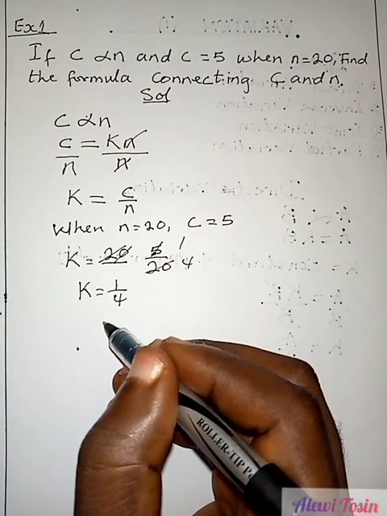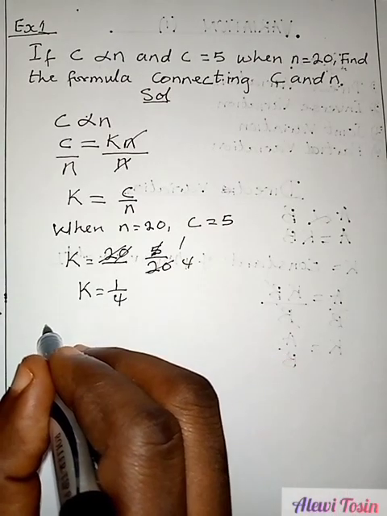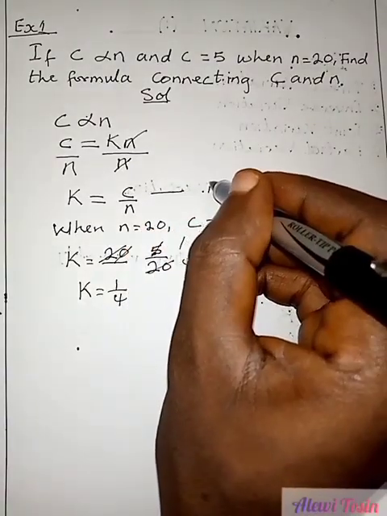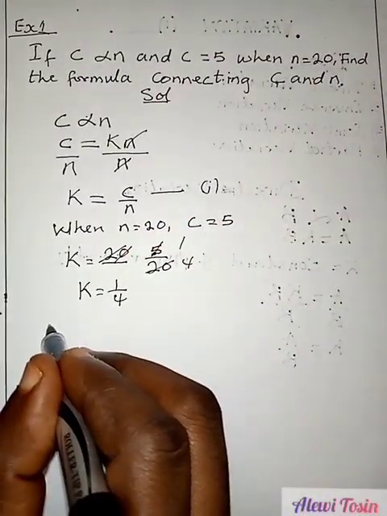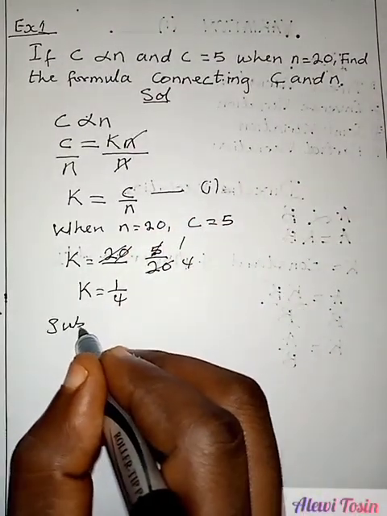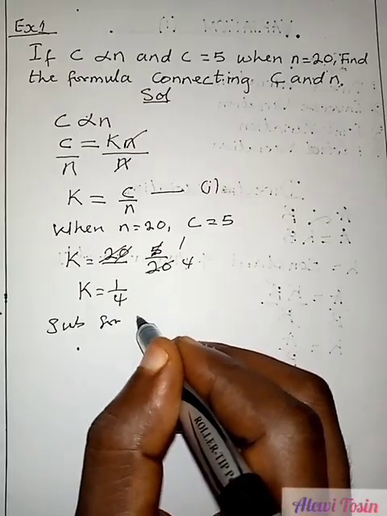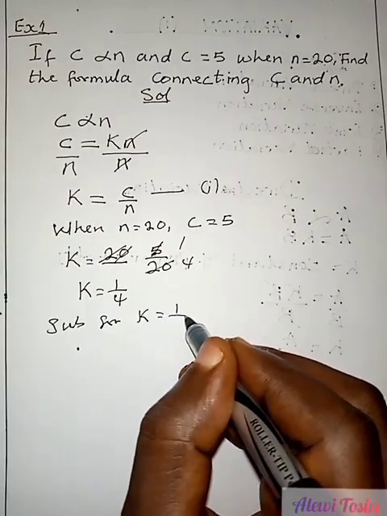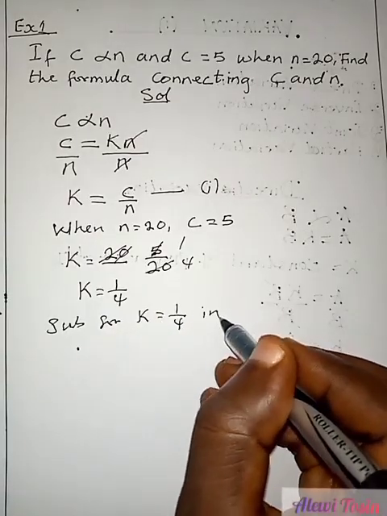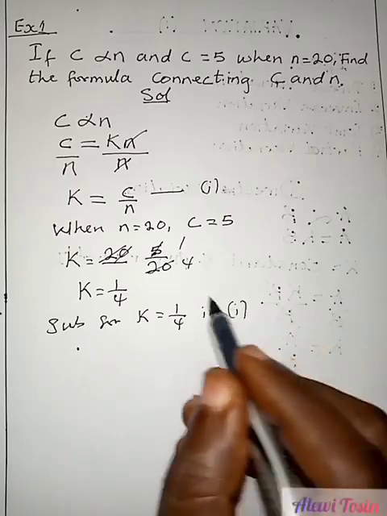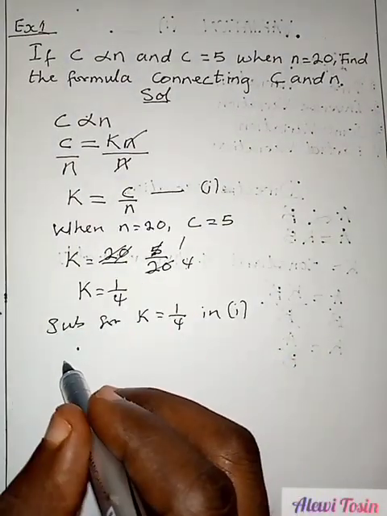So we need to sub for K. Let's take this as equation 1. So we say sub for K equals 1 over 4 in equation 1.